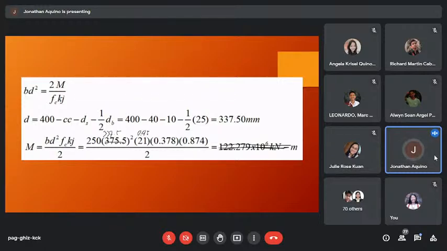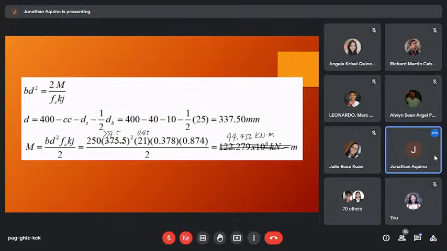Okay, divide by 1,000. So this will give a value of 44.452 kilonewton meter. So masyadong maliit yung moment capacity nung section natin.